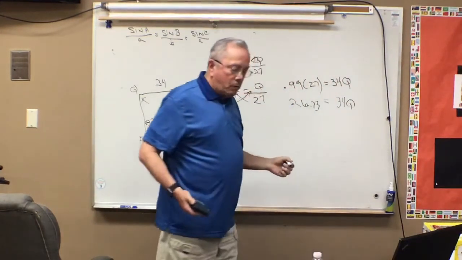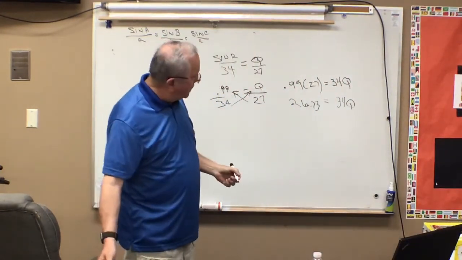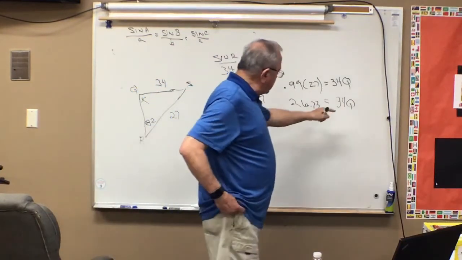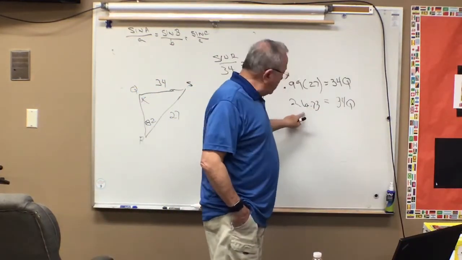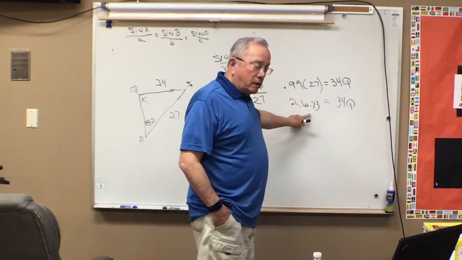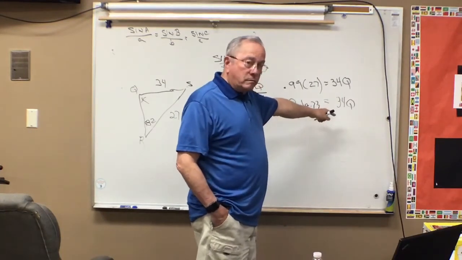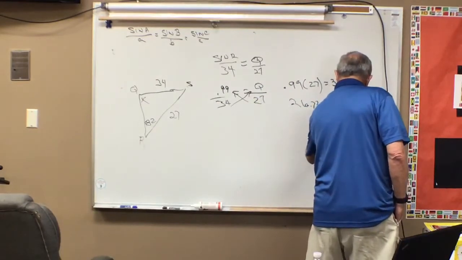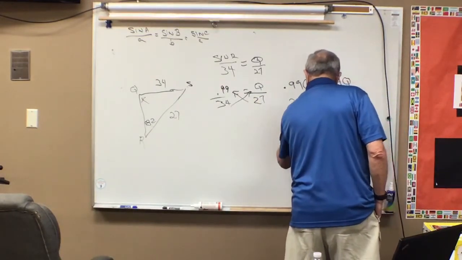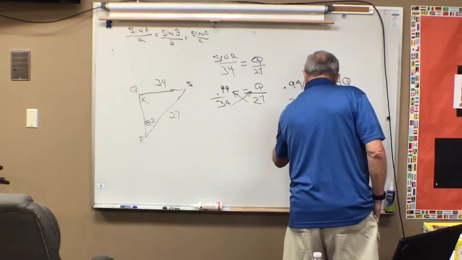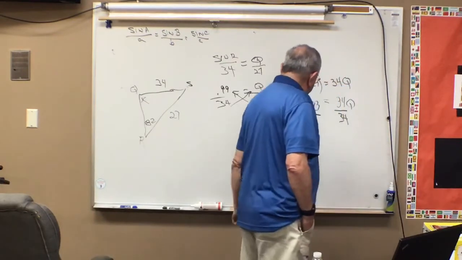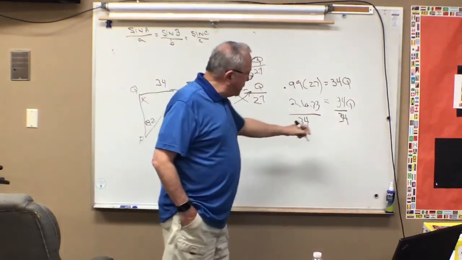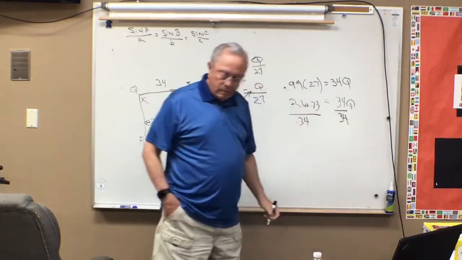Since this is a multiplication, 34 times this number equals 26.73, so I divide both sides by 34. This cancels out to be 1, doesn't it?